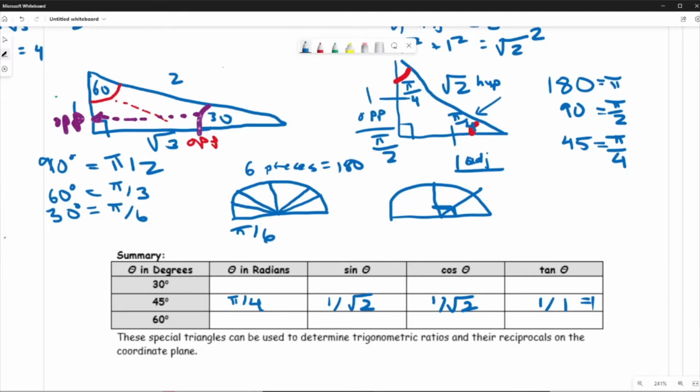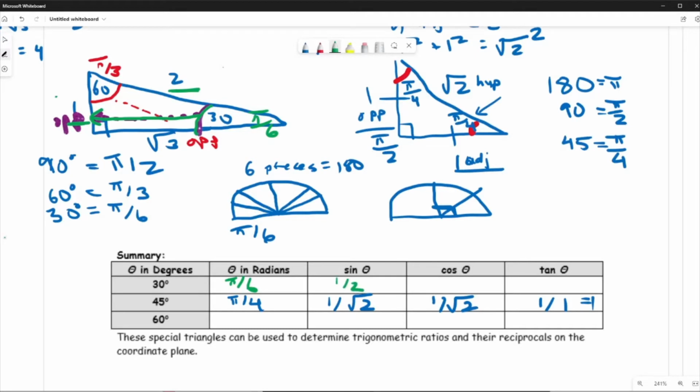Okay, now let's look from the perspective of 30 degrees. I'm going to use my green here. This is the 30-degree angle. This is pi over 6, right? So pi over 6, as opposed to this one, which is pi over 3. And the sine, well, what would the sine be? 1 divided by 2, 1/2.